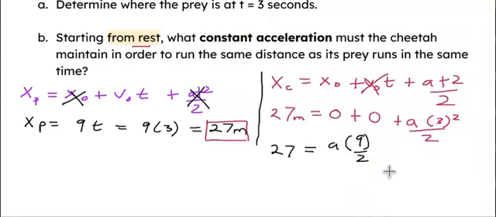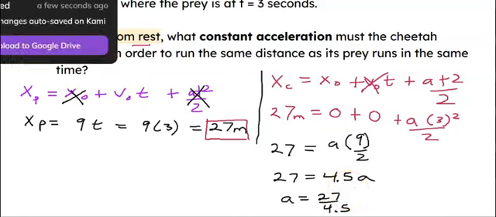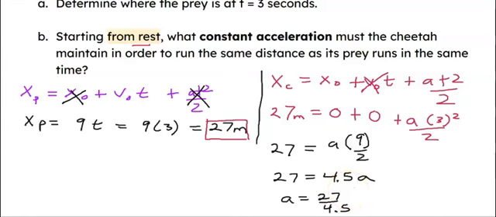So then we have 27 equals 9 over 2 is 4.5a. So a is 27 over 4.5, which is, sorry, 6, a perfect 6. It's meters per second squared. Okay, so not really the standard collision problem, but good practice.